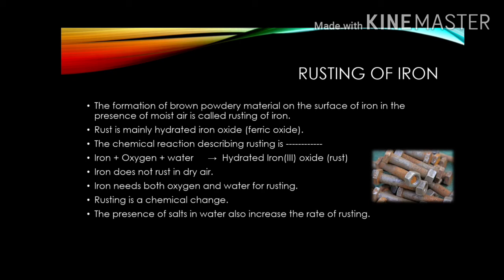They are known as rust, and this formation of rust on iron is known as rusting of iron. Rust is mainly hydrated iron oxide. Then the chemical equation, iron plus oxygen plus water, what do they give? Rust. And what is rust? Hydrated iron oxide. But iron does not rust in dry air.